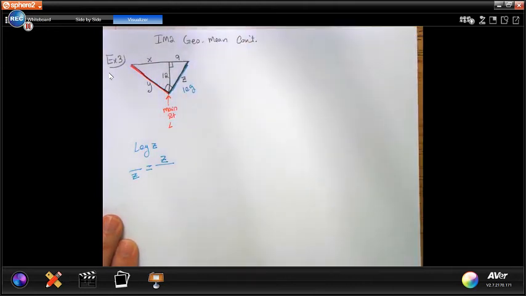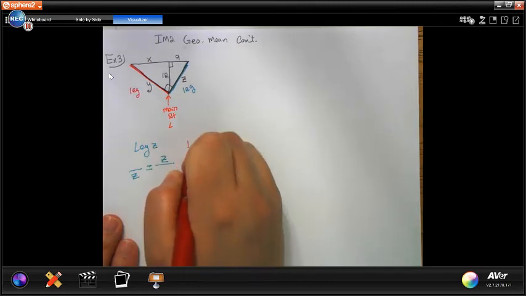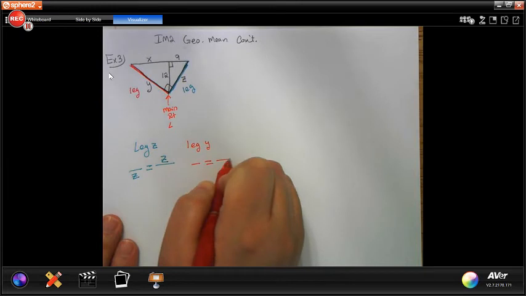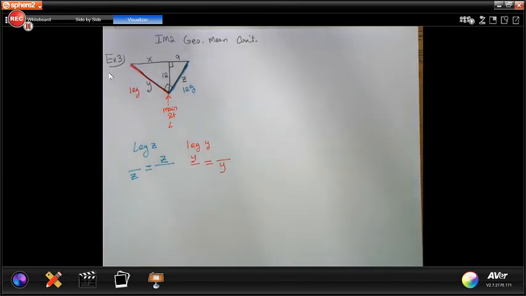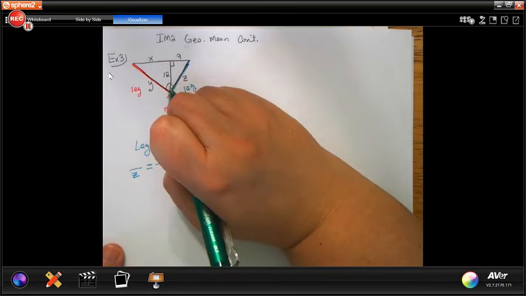That is my other leg, leg Y. So that's my proportion, Y and Y. And then the other line, because this is the main right angle, there's 1 line, 2 lines, the altitude line now.